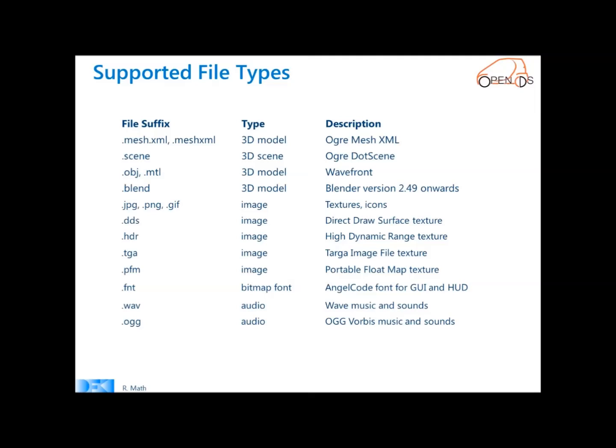There are also high dynamic range textures available. These could contain, for example, such a sphere map. TGA, PFM, these are just other supported texture files. We have a bitmap font and two kinds of audio files, WAV and OGG Vorbis are supported.